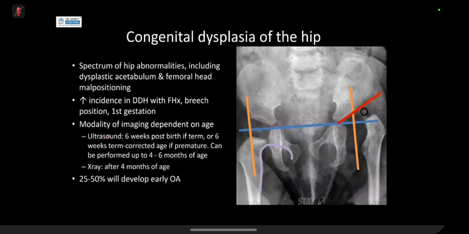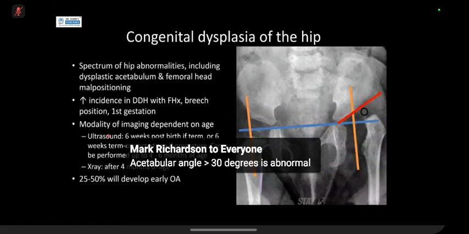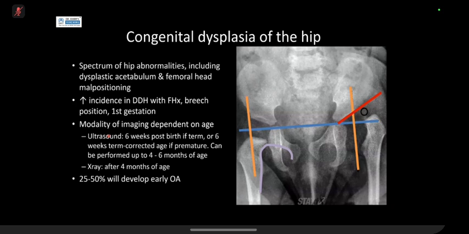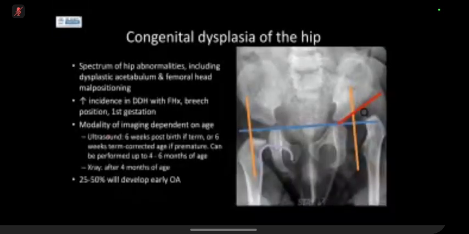So my history wasn't the best, because essentially if she had breech presentation, if she had family history, if she was firstborn, these are key risk factors highly suspicious of DDH, and all of them fall under the NIPE guidelines, neonatal hip screening guidelines. Can't remember the full term.